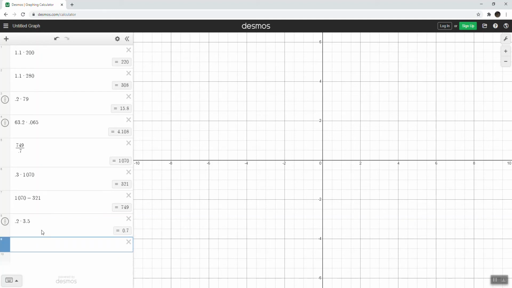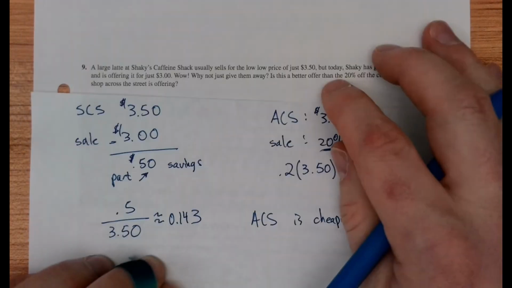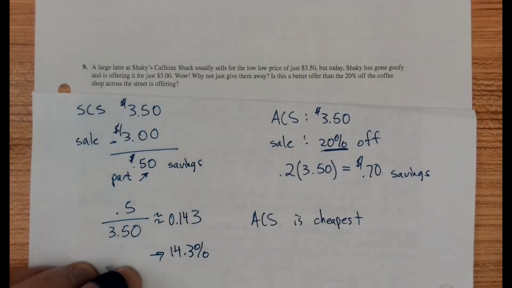Jumping into Desmos here, 0.5 divided by 3.5, that gets us the percent discount that Shakey's Caffeine Shack was given, approximately 0.143.